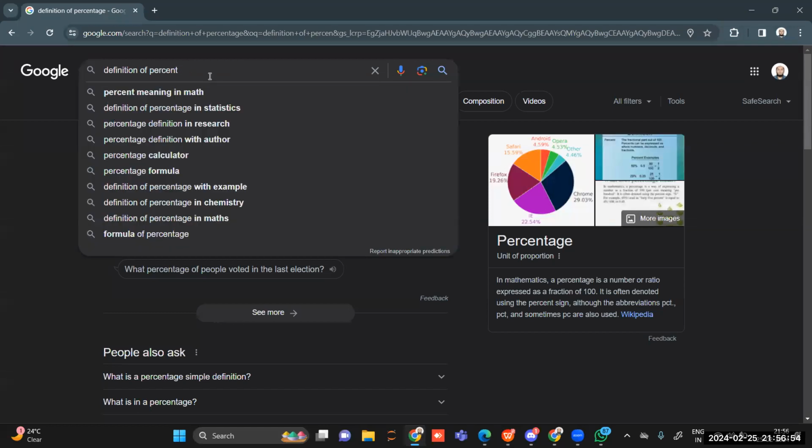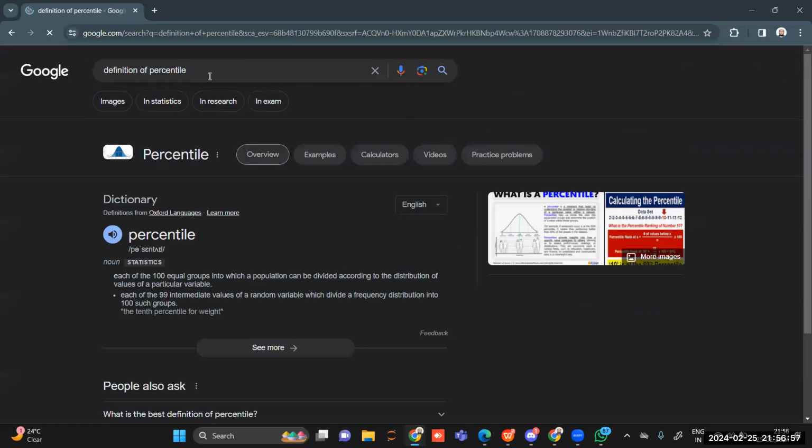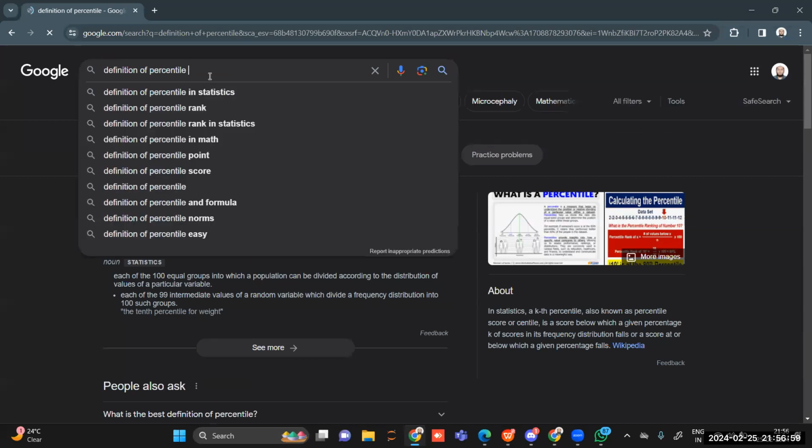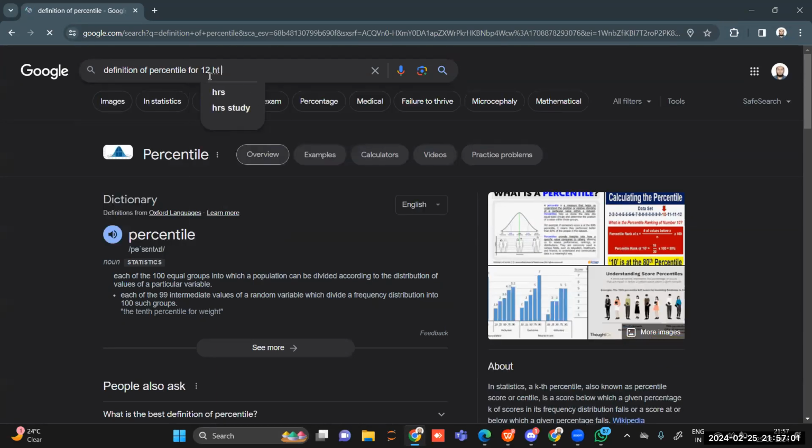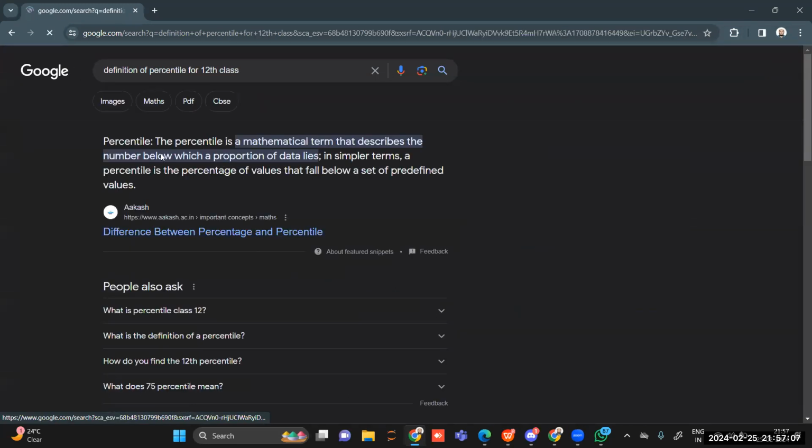What is percentile? Percentile is a mathematical term that describes the number below which a proportion of data lies.